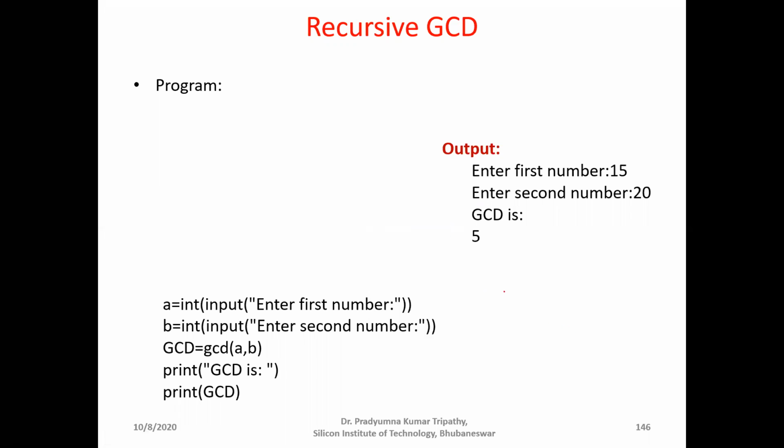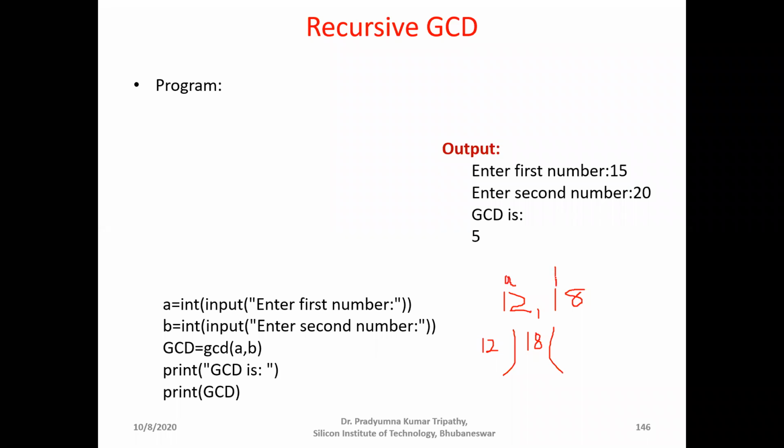Suppose you are given two numbers, 12 and 18. How do you find the GCD of two numbers? One way of finding this is to go on dividing the larger number. Suppose the greater is 18. So now you divide this 18 with this value 12.